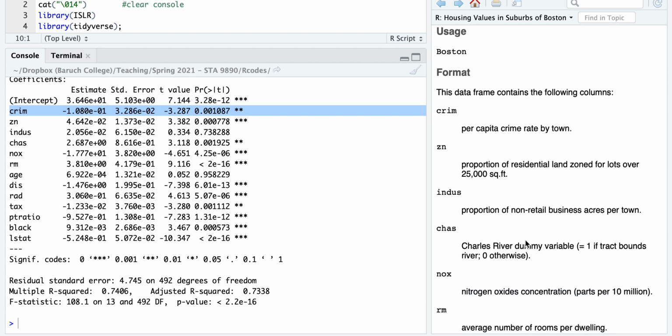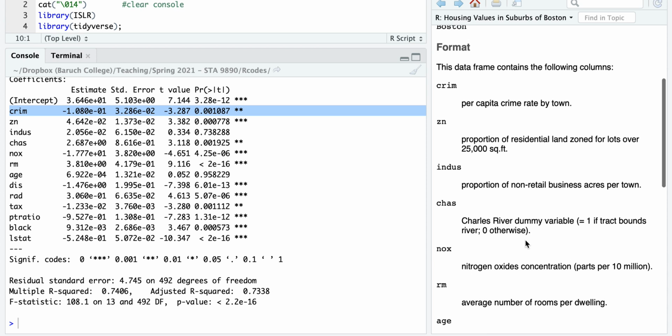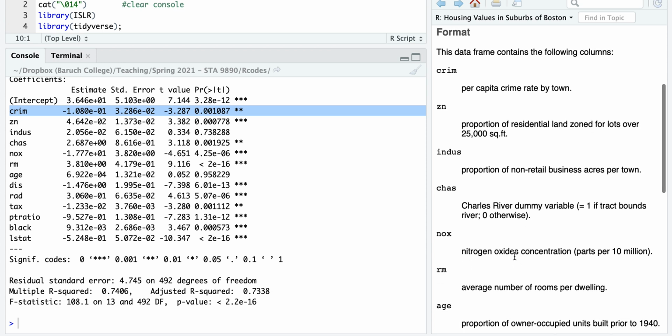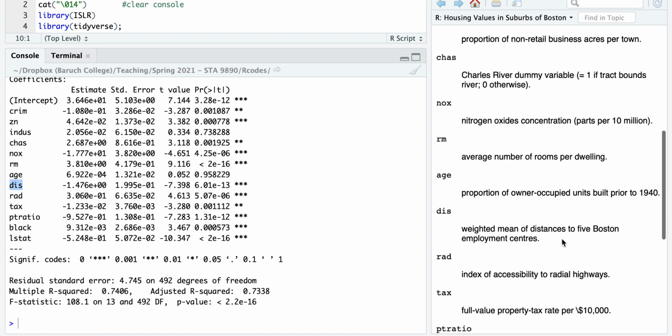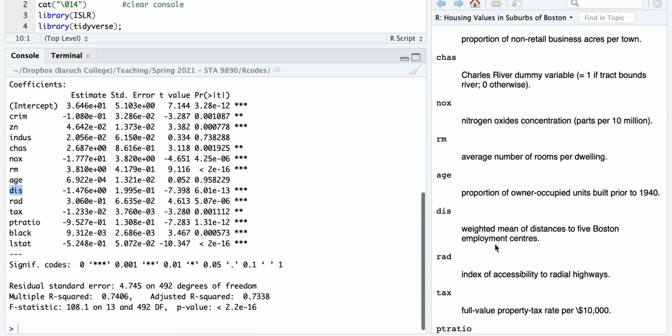Proportion of non-retail business acres per town, I don't understand that either. Nitrogen oxides concentration: the larger this gets, the more the median value decreases. Distance: the more distance to the 5 Boston employment centers, the more the median value decreases.